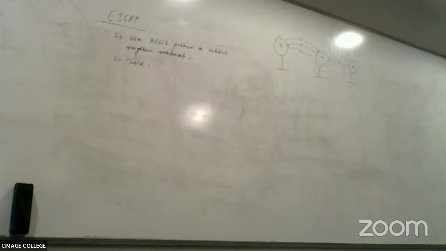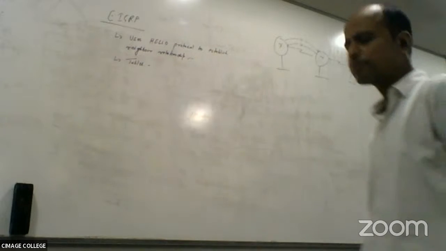The whole class should answer it. Route information. In the routing table, route information is kept. Yes. In case of OSPF, route information is kept.